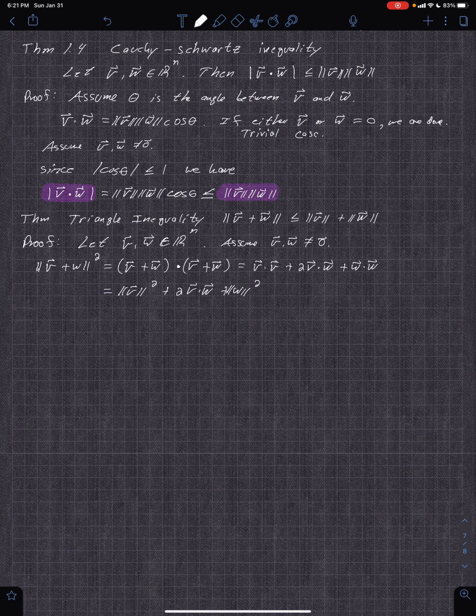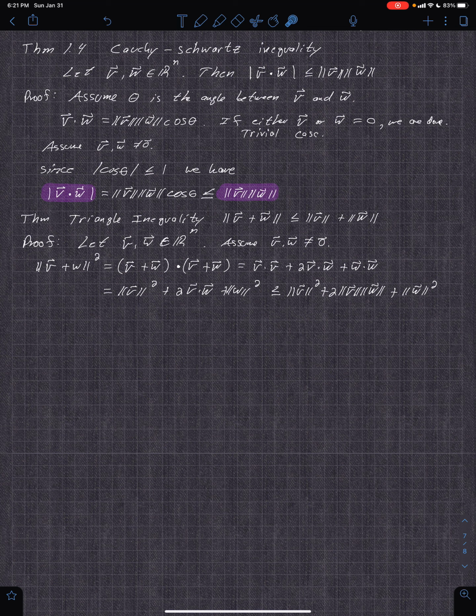Now, we're going to keep these the same, V squared and W squared. What we're going to do is apply the Cauchy-Schwarz inequality to the V dot W here, which allows us to say this is less than or equal to magnitude V squared plus 2 magnitude V magnitude W plus magnitude W squared.